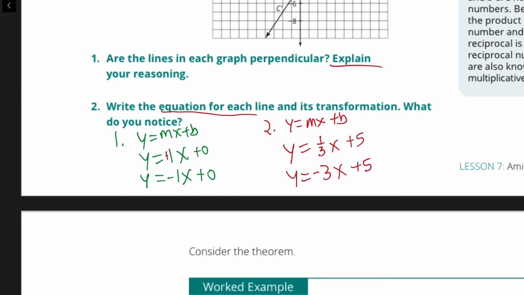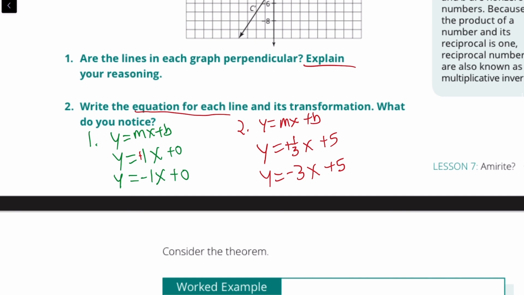Even in number 2, one of them is positive and the other one is negative. And the second thing that happens with perpendicular lines is the number for the slope for the line that's perpendicular is always the reciprocal of the original.